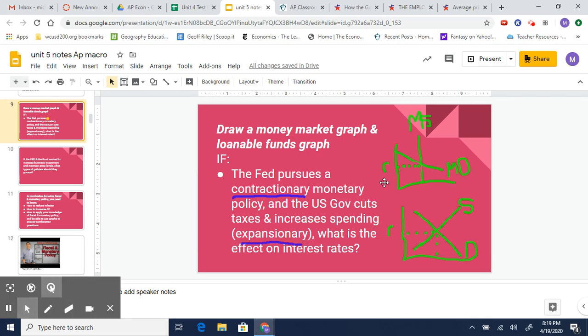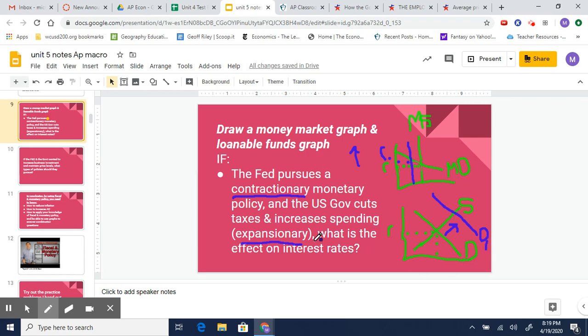So in this case, if the Fed is selling bonds, by selling bonds, it's going to decrease the money supply. So now the rate of interest has increased. And if the U.S. government wants to cut taxes and increase spending, there's that crowding out theory that we talked about. They need to borrow more money because they don't have as much that they're taking in.